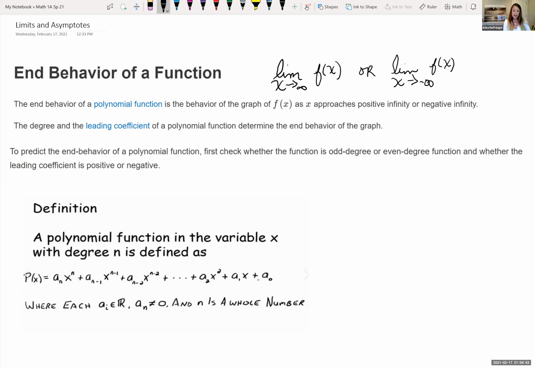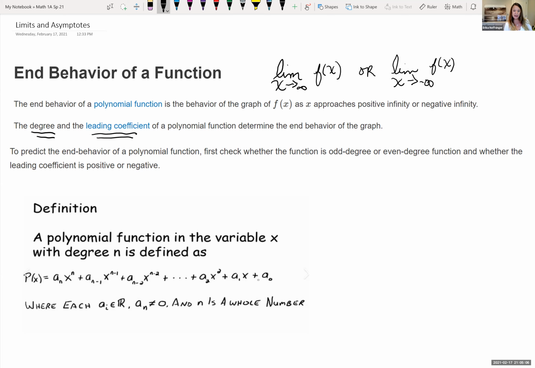So when we're looking at the end behaviors of our graph, what's going on as your x value goes to positive infinity or negative infinity, there's a couple things that we have to look at when we're looking at a polynomial. We have to look at the degree of our polynomial, and we have to look at the leading coefficient of that polynomial.